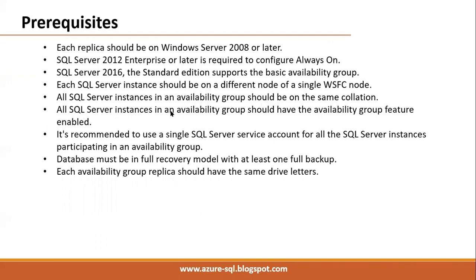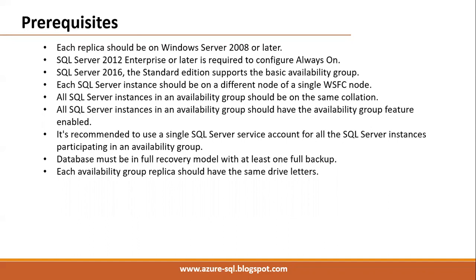All SQL Server instances in an availability group should have the availability group feature enabled. By default, this availability group feature is in disabled mode. So before starting configuration, we have to enable it first. After enabling, only then can we start the Always On configuration.